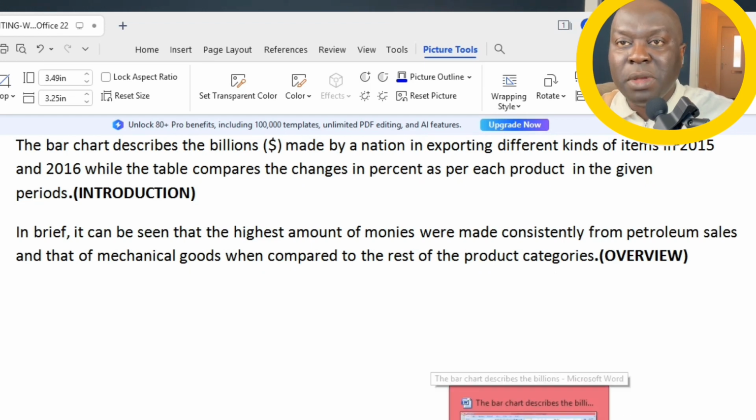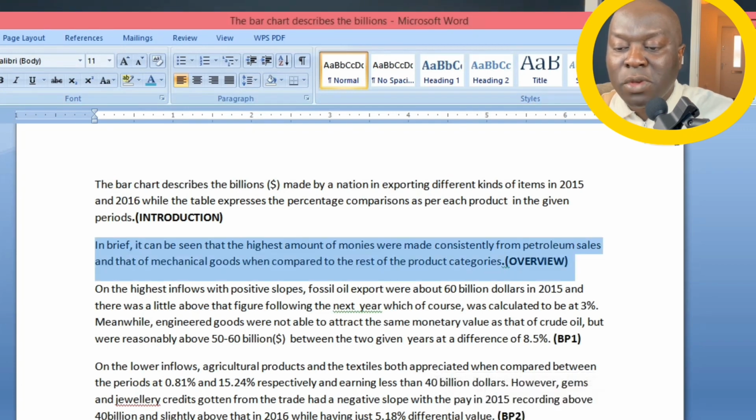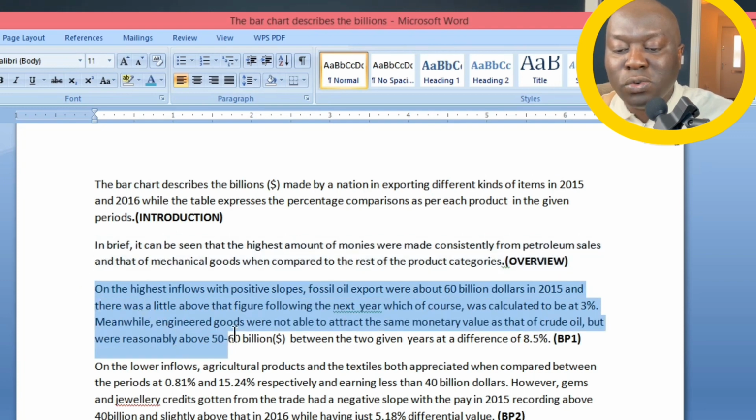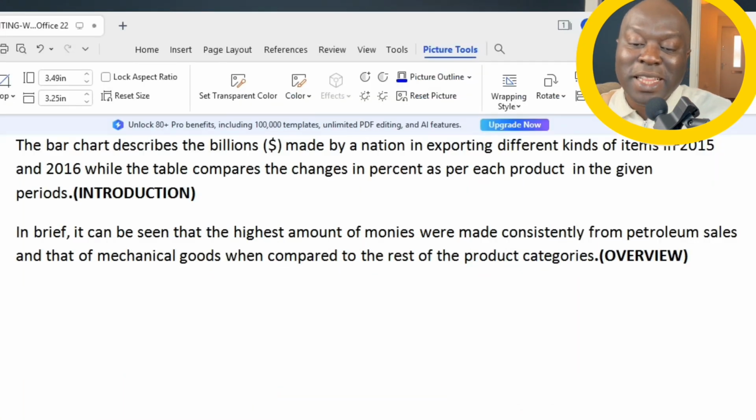Okay, now let me look at body paragraph 1. In body paragraph 1, what are we expected to do? We are expected to bring the two that are in the highest position and discuss them together. And go to body paragraph 2 and discuss another group.